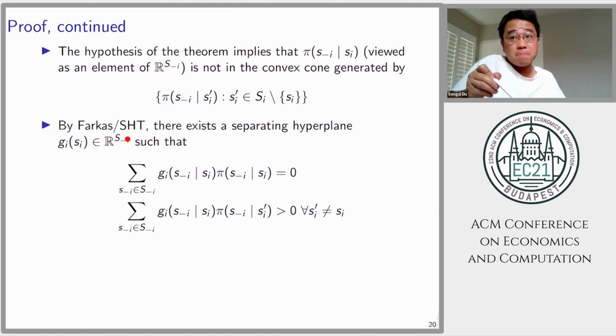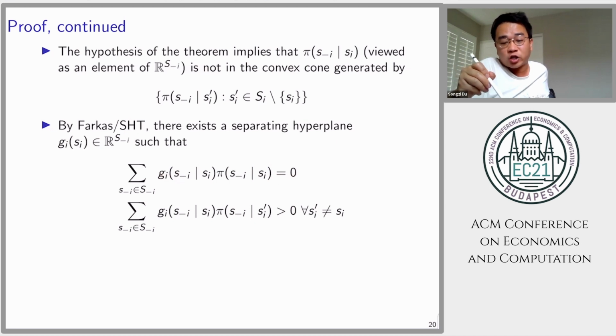For every type profile of the other players, we will have some number Gi, which we will use to construct our transfer. By the Farkas lemma, there exists a separating hyperplane such that this Gi at type Si is exactly orthogonal to the interim belief at type Si.